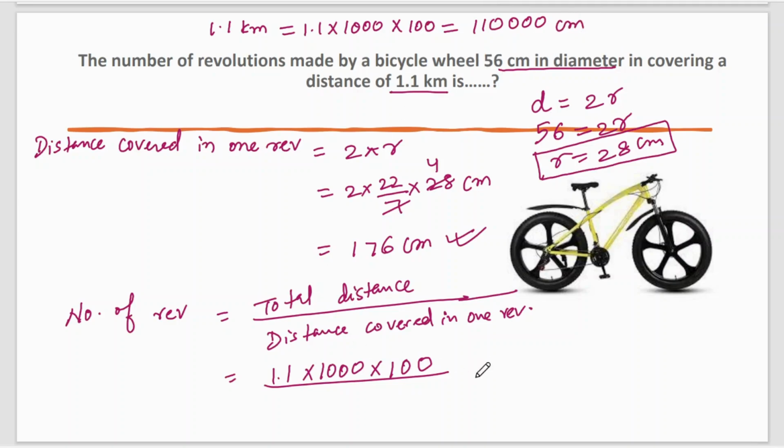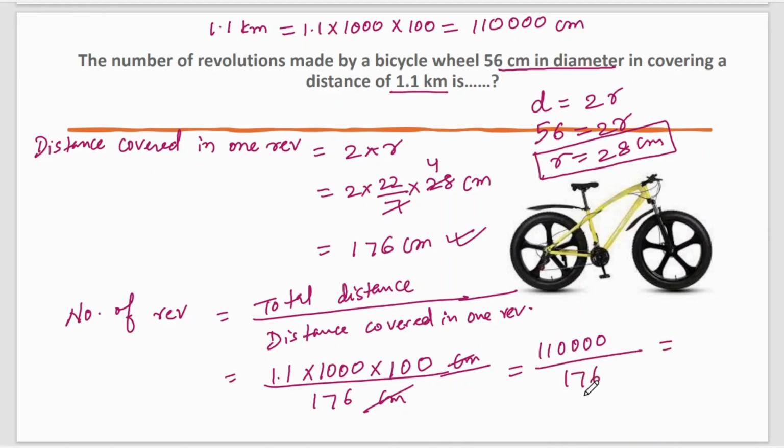So we are going to divide it by 176. The centimeter will get cancelled out, and you will be left with this data. So 1,10,000 divided by 176.